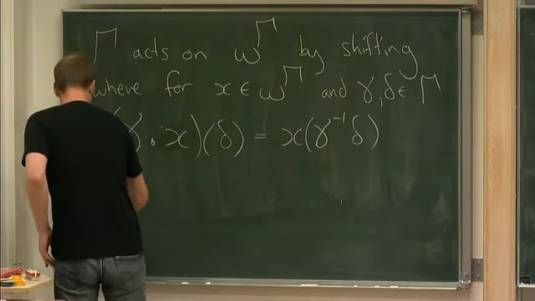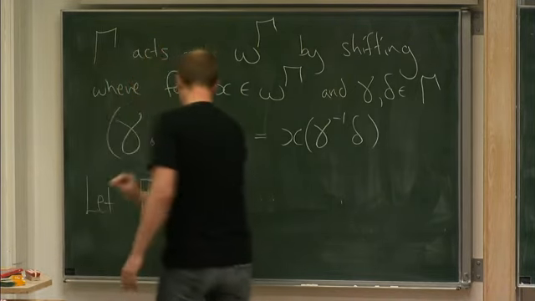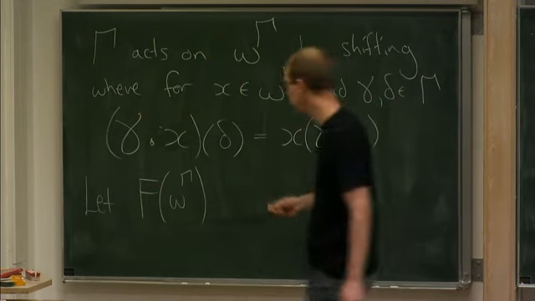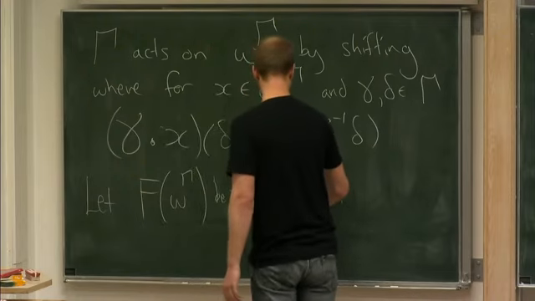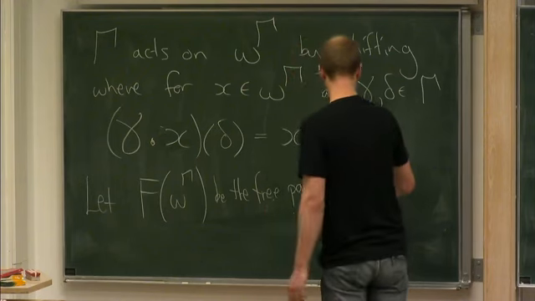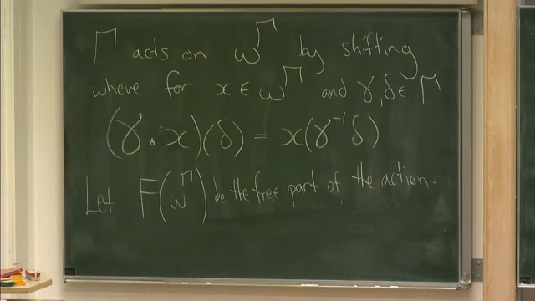All right, and I need one more definition. Let F of omega to the gamma be the free part of the action. If I have a trivial element of omega to the gamma, it may be that when I shift by a group element, I get the same point again. If I label everywhere by 0, then shifting doesn't move me anywhere. And I want to discard that trivial part of the space.